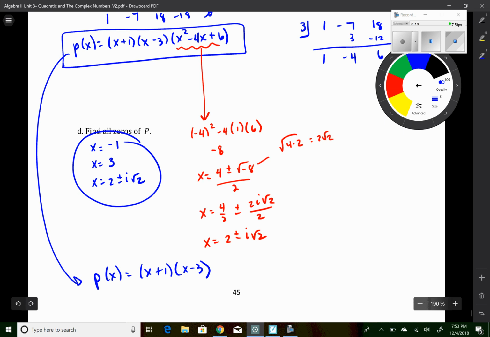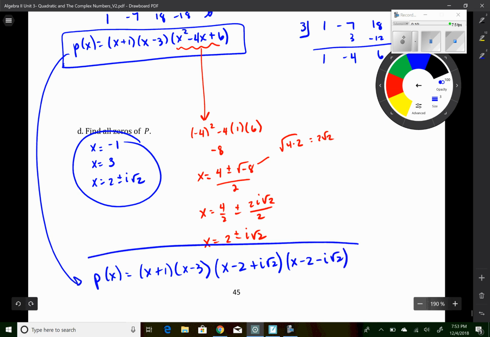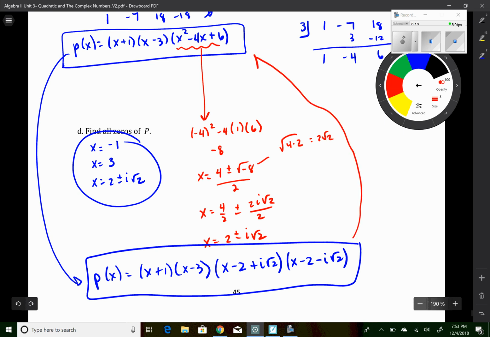And then if you take those two complex zeros, I'm going to wind up getting x minus (2 plus i square root of 2) and x minus (2 minus i square root of 2) for all of the factors. So that actually would be the best possible answer for this question. But you'd have to do part D before you could do part C.